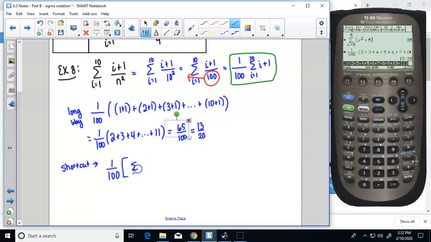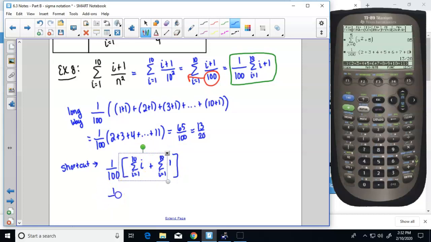We could do the sum from 1 to 10 of i plus the sum from 1 to 10 of 1. So you're just taking the sum of those two things separately.